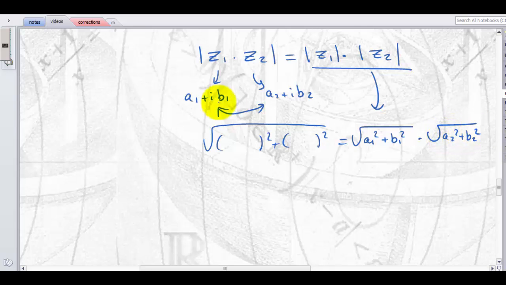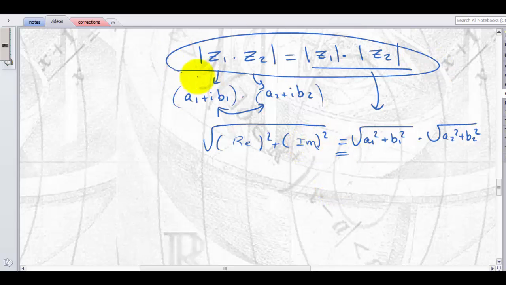So after you're done multiplying them, put the real part right here, put the imaginary part right there, and just notice that you have the equality. So this is a very trivial property. It just takes a little bit to notice that, but it's really simple.